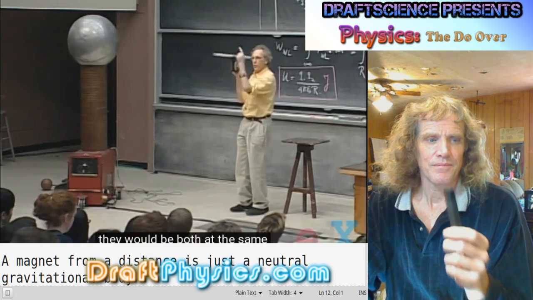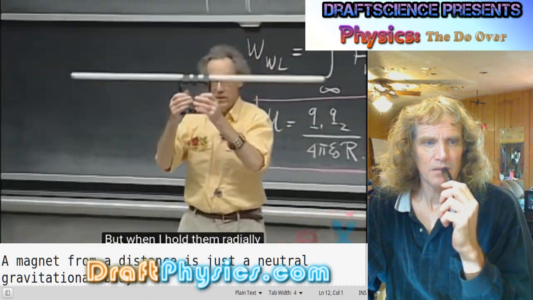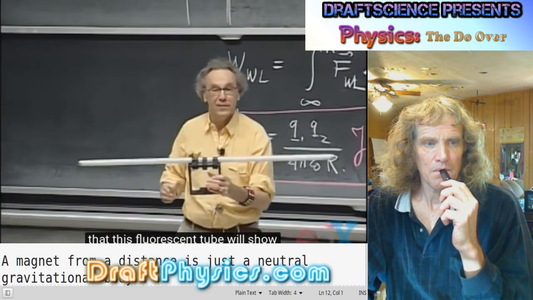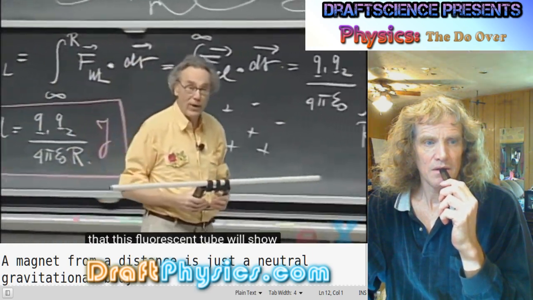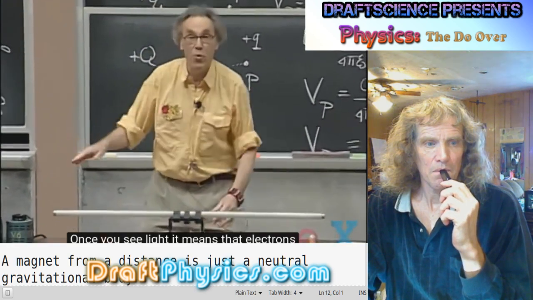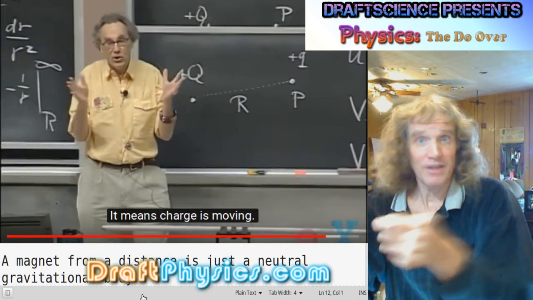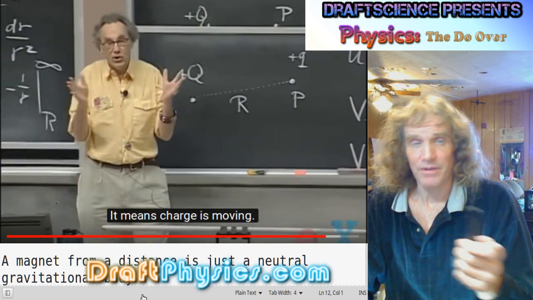But tangentially, they would both be at the same electric potential. But when I hold them radially, you will see, perhaps, that this fluorescent tube will show a little bit of light. Once you see light, it means that electrons are moving through that gas. It means charge. So again, it's electrons moving, it's not electrons moving.